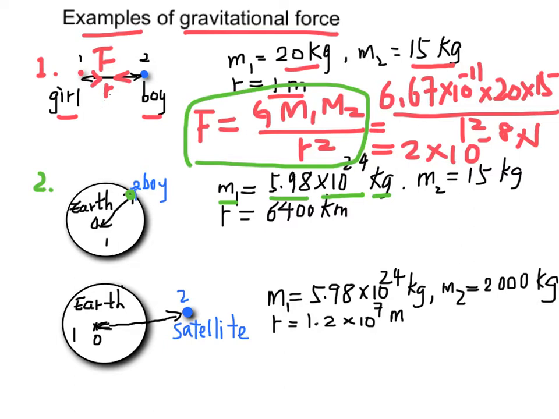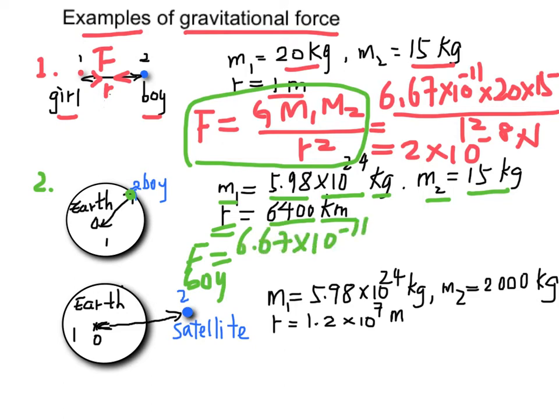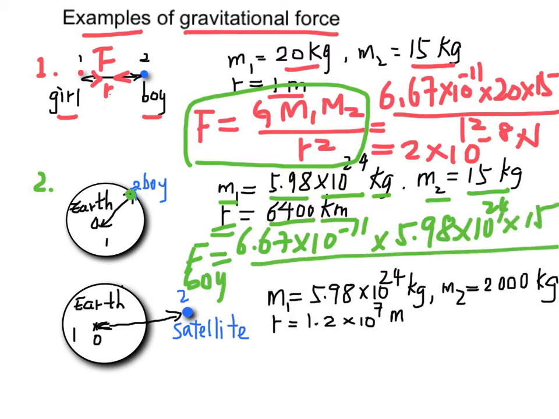If the mass of the boy is 15 kg, and the distance between the boy and the Earth is in fact the radius of the Earth, which is 6,400 kilometers, then the gravitational force acting on the boy is equal to 6.67 times 10 to the power negative 11 times 5.98 times 10 to the power 24 times 15 over 6.4 times 10 to the power 6 squared, which is equal to 146 newtons.